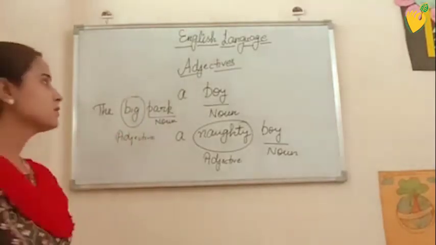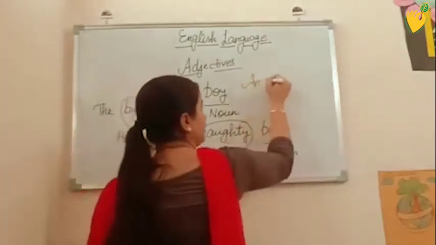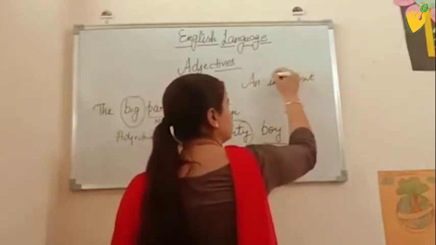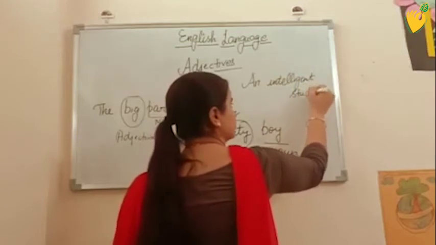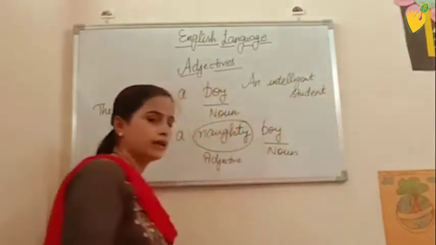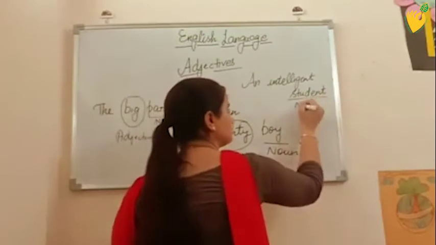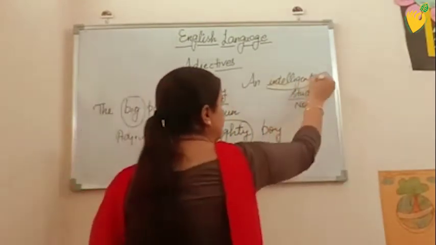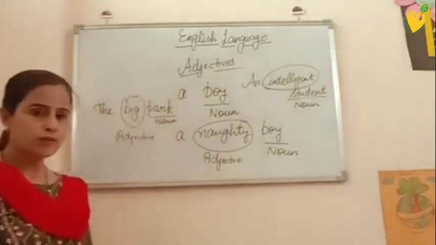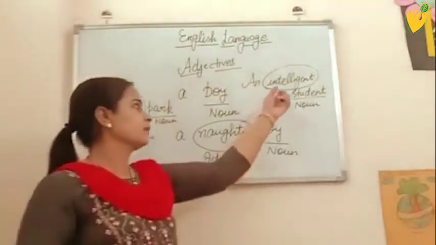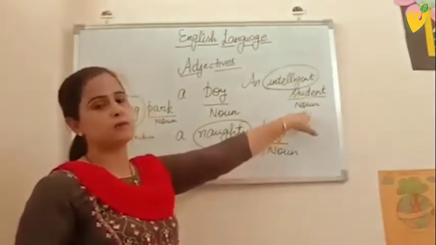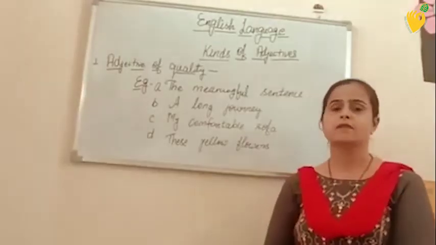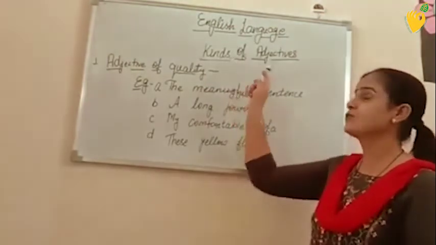Next example is an intelligent student. Now again, student is noun and this word intelligent is giving more information, or you can say this word intelligent is describing this noun word. So intelligent is adjective.